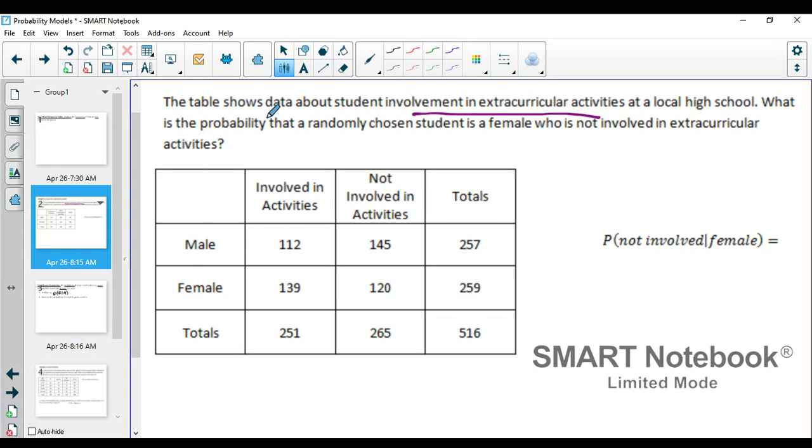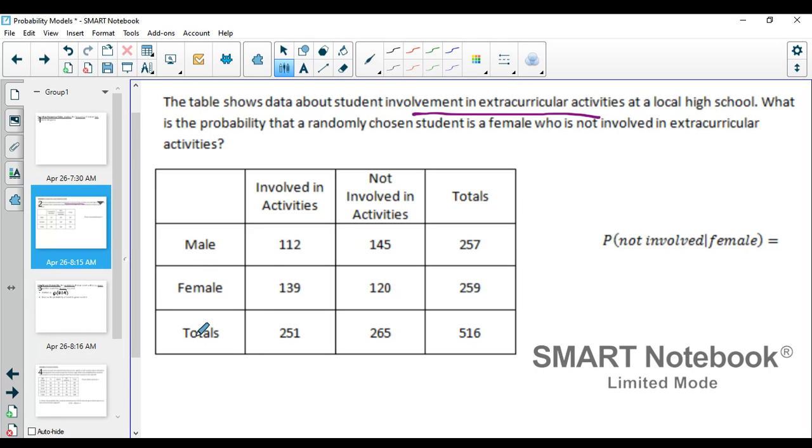We can use these to find even more specific probabilities. In this case, the question is, what is the probability that a randomly chosen student is a female who is not involved in extracurricular activities? The way that we write that probability is the probability of a not involved female.